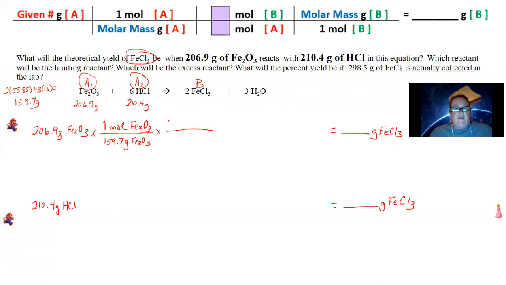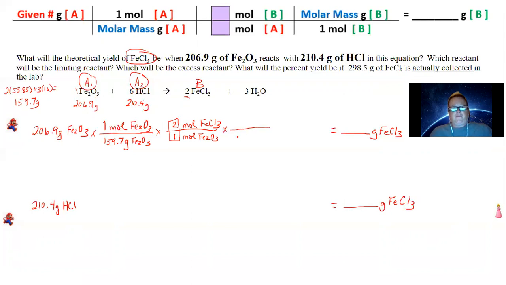The next step is my mole ratio. I have moles of A on the bottom, which is Fe2O3. I have moles of B on the top, and B is FeCl3. In front of Fe2O3, I have a 1, and in front of FeCl3, I have a 2.